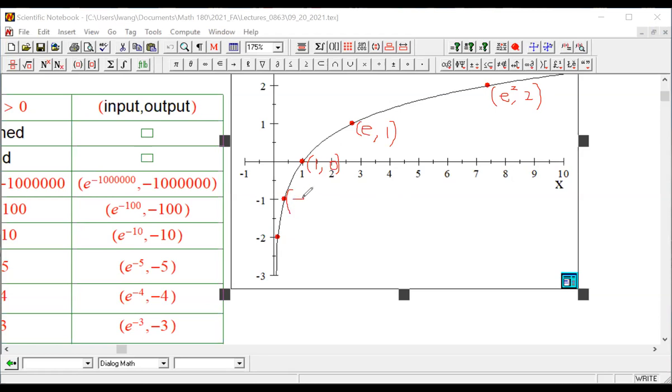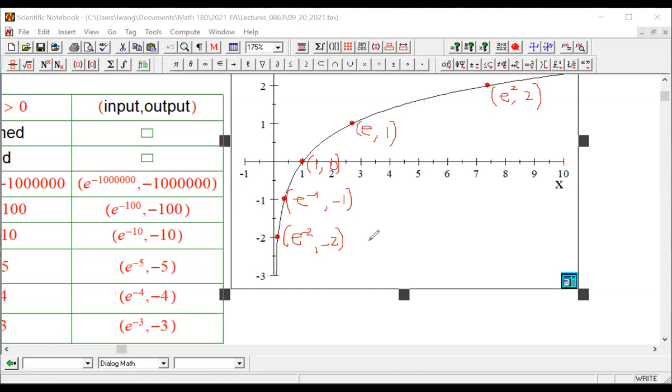The input is e to the power negative 1. The output is negative 1. The input is e to the power negative 2. The output is negative 2. Right? It's an increasing function.